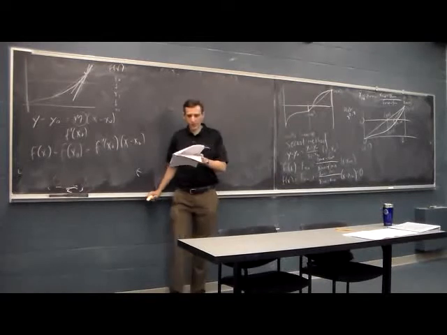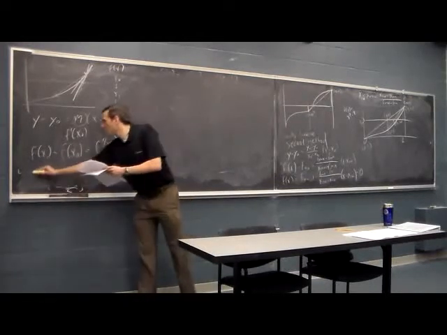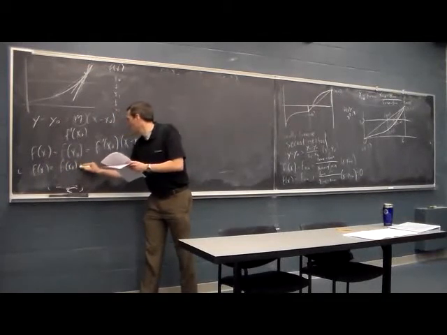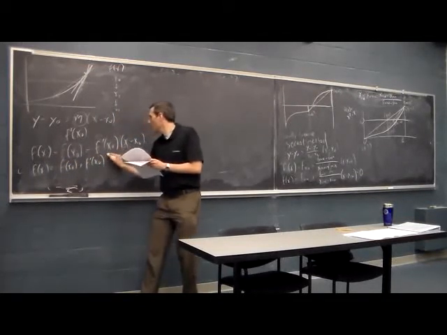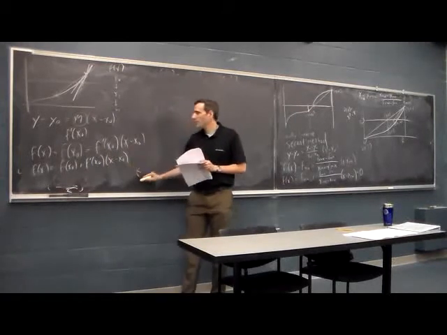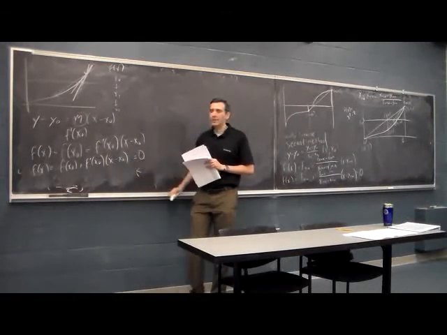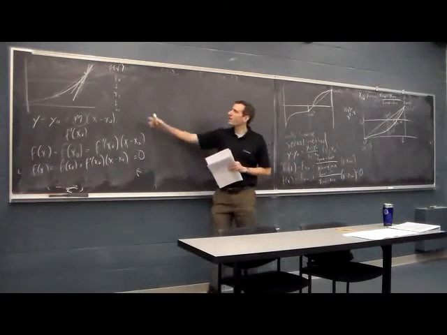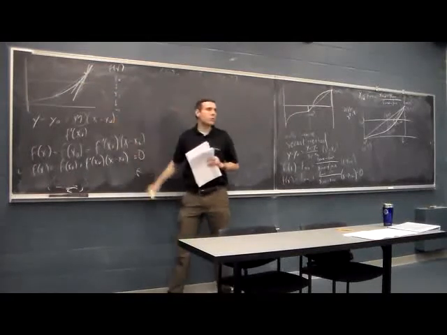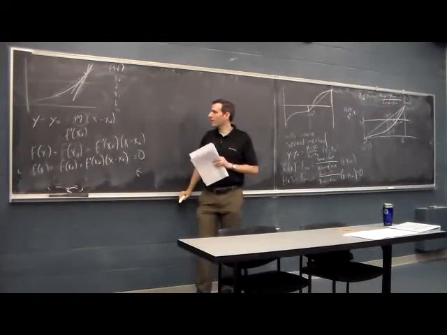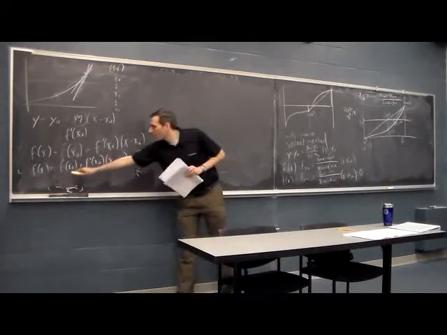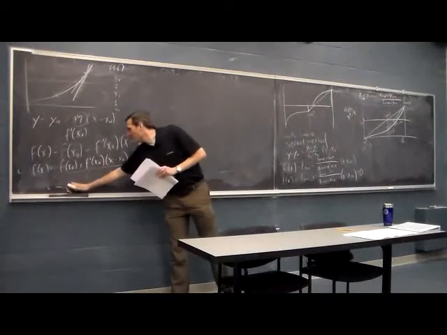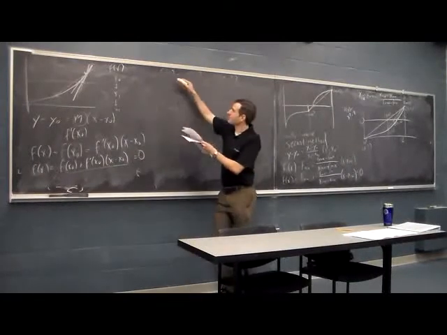Just like when we did this with the secant method, we can rearrange and put that in the form f of x equals f of x0 plus f prime of x0 times x minus x0. We say that we're trying to figure out where that is equal to 0, and then solve for x to get the projection of that tangent line to the value f equals 0. If we rearrange, we get the following.